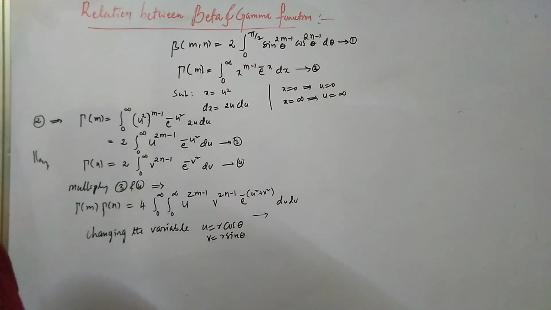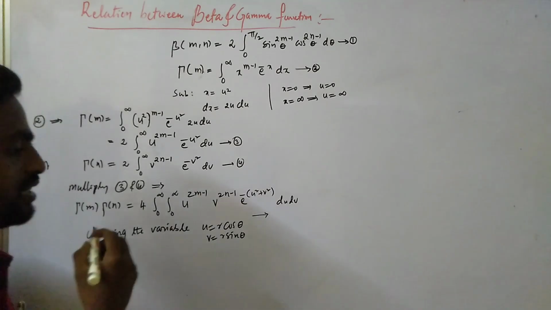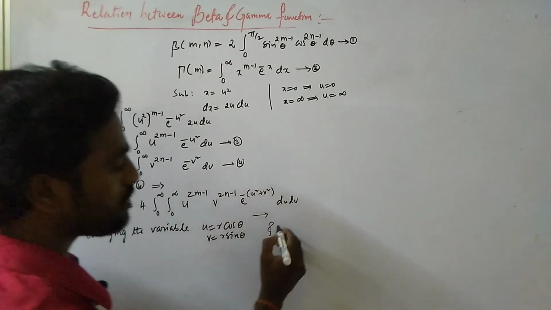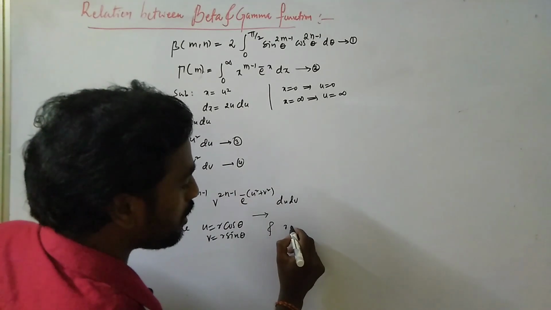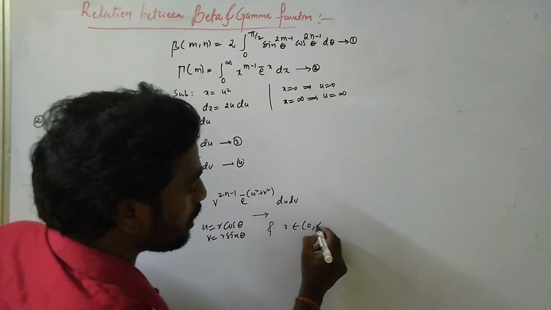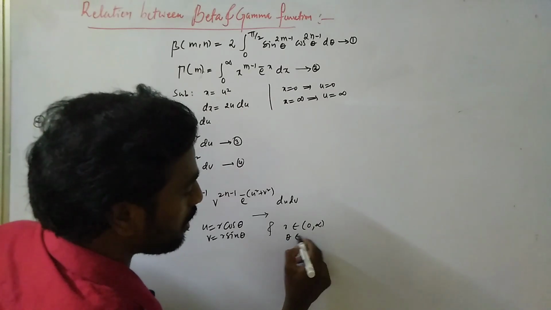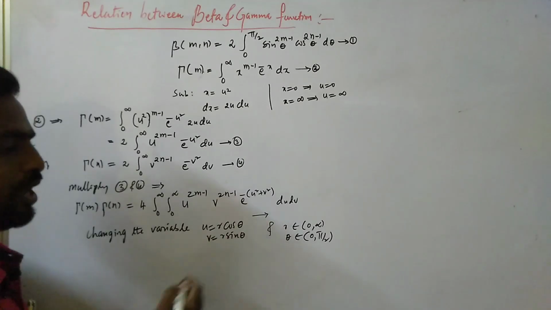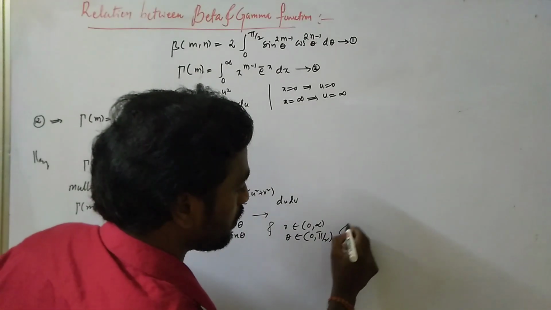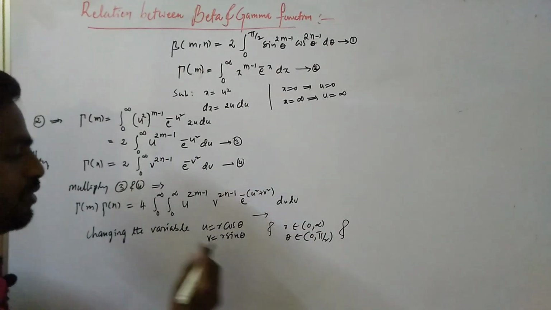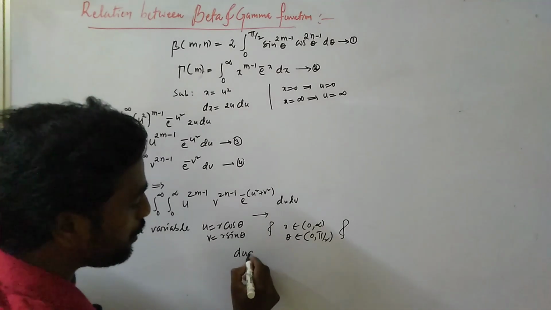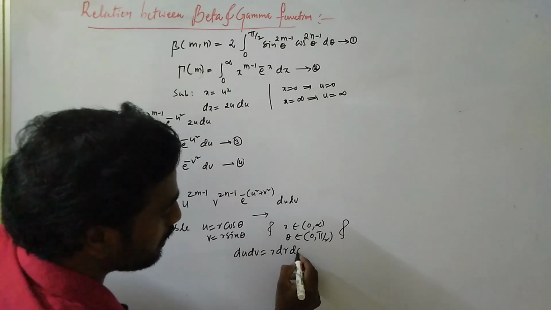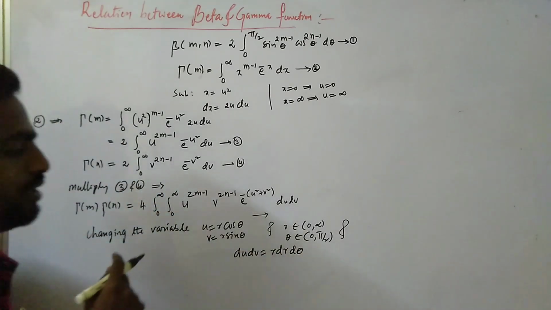Okay, now the limits: r is 0 to infinity and theta limits are 0 to pi by 2. And du into dv equal to r into dr into d theta, r into dr into d theta.